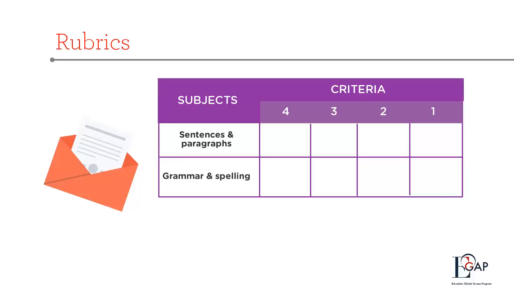And for each of these categories, we see the specific criteria that will lead to a specific grade. Here we see that a student who has written a perfect salutation with no capitalization and punctuation errors will receive top marks. And here we see that a student who has written a lot of sentence fragments and run-on sentences will receive the lowest marks.